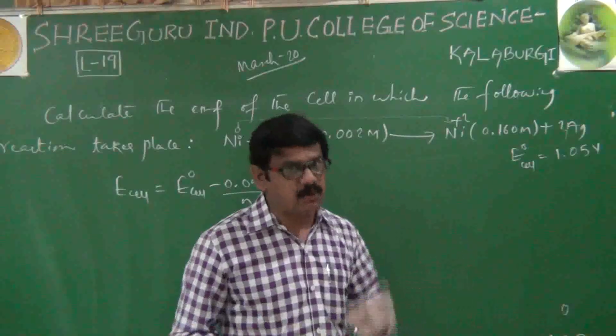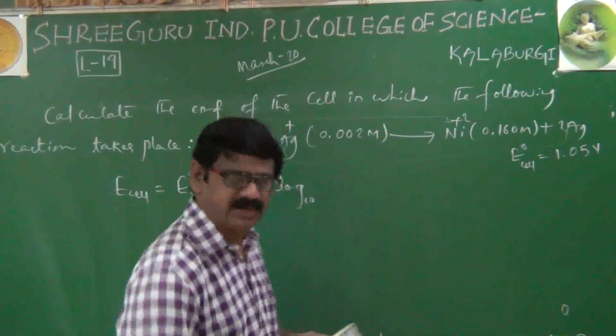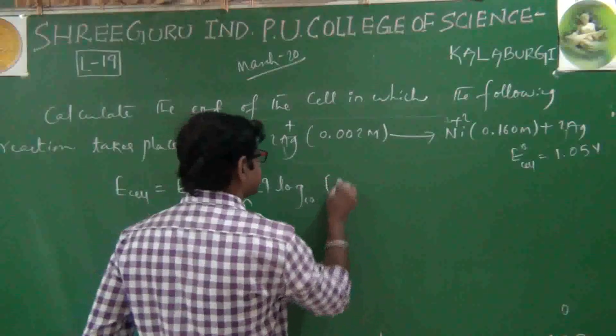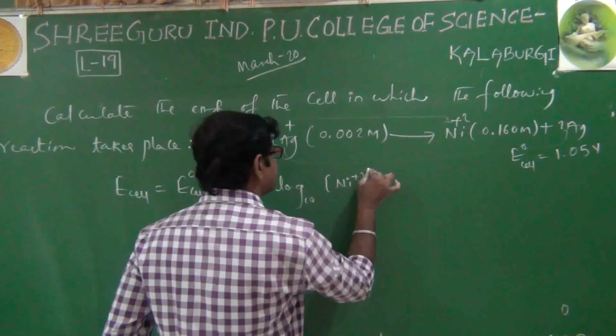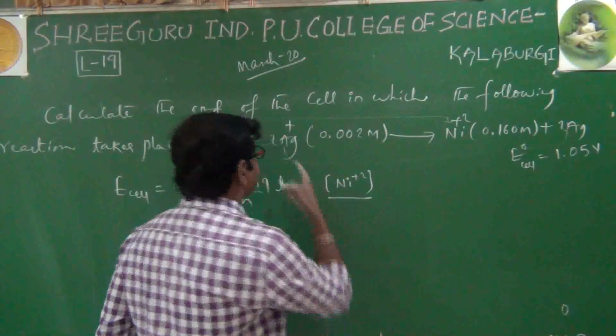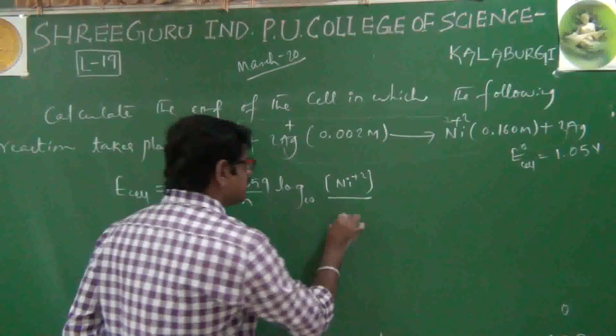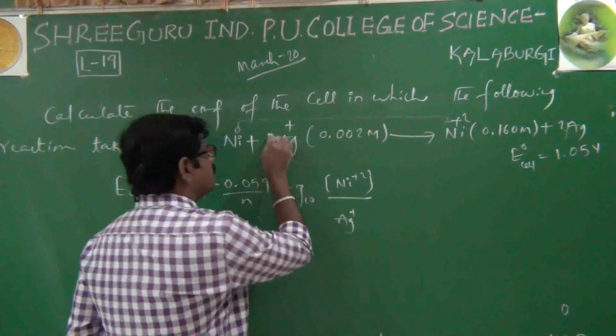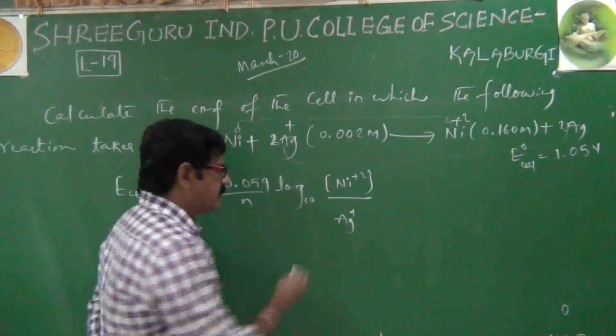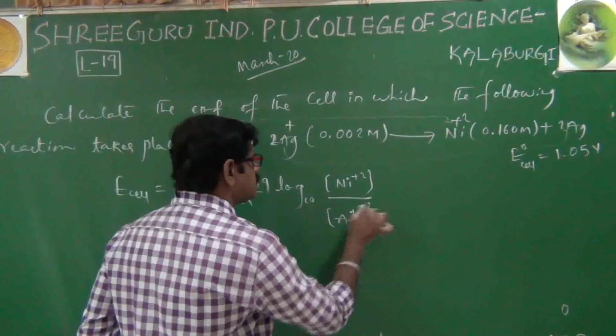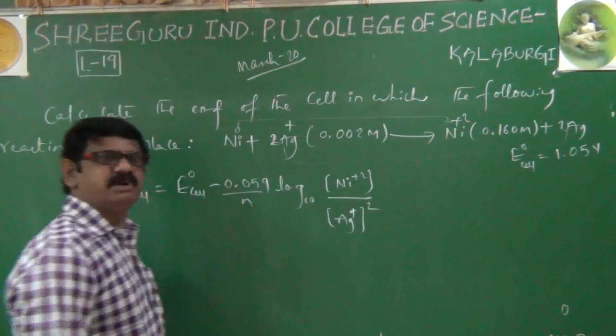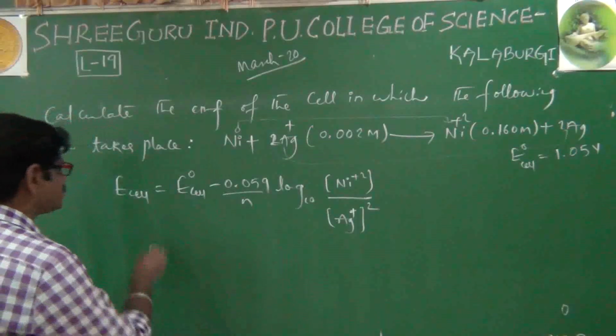We will take only ion concentration. That's why Ni plus 2 is the product, so I'll write directly Ni plus 2 divided by the reactant concentration Ag plus, but before Ag we have 2 moles. Whatever the coefficients are, those coefficients will be raised as its power. That's it. Now we'll just substitute the values.